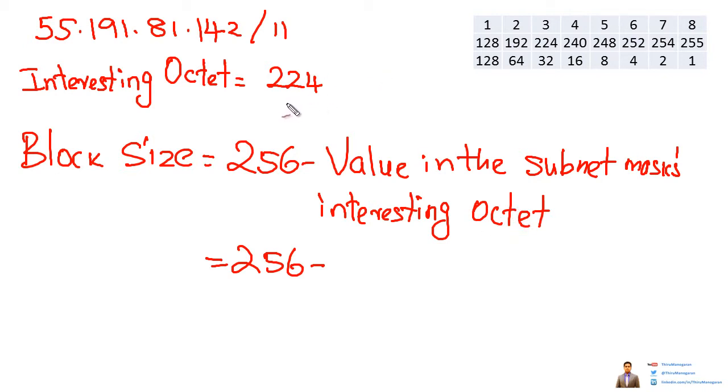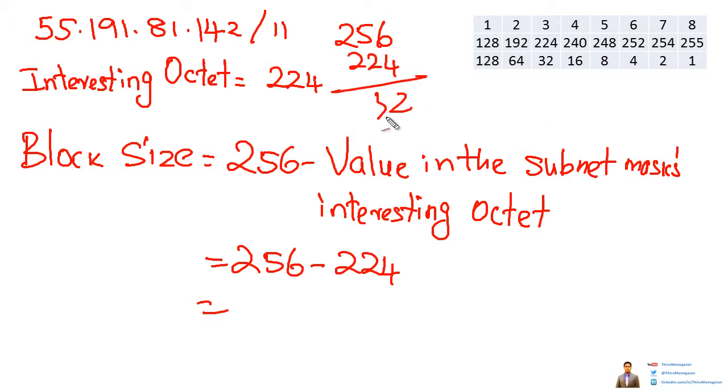The value in the interesting octet is 224. So the block size is 256 minus 224, which is 32. So the block size is equal to 32.